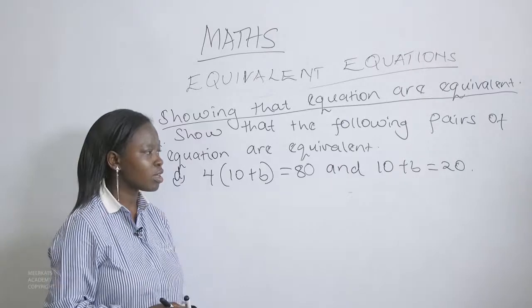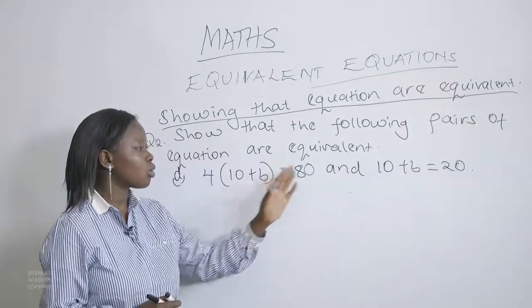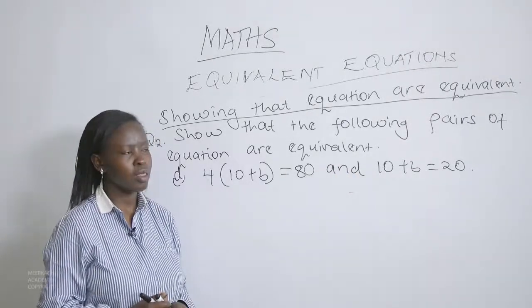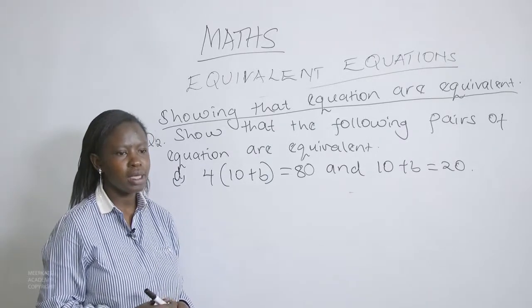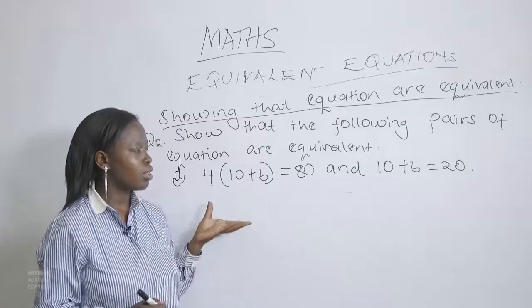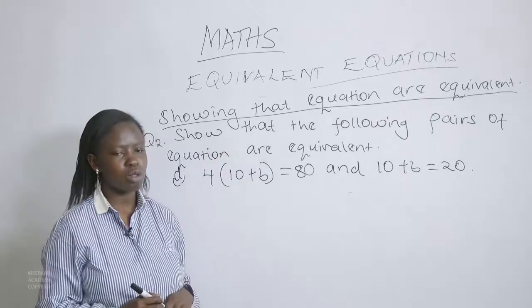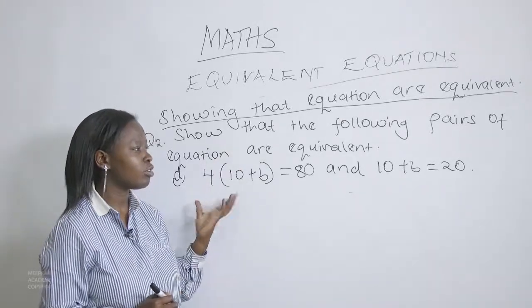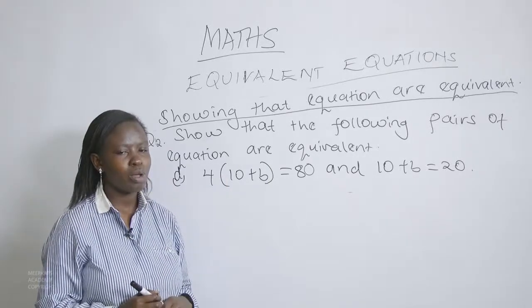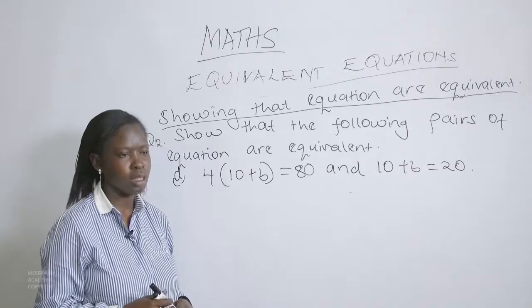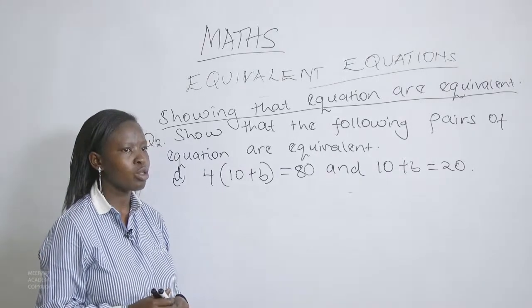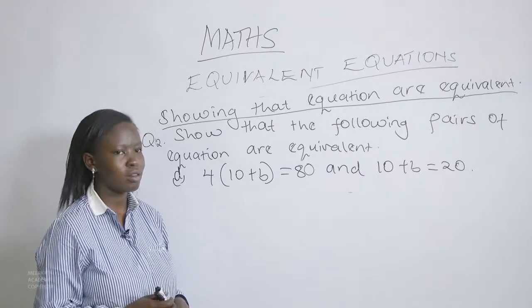So this means that if we get a number that we can either add, subtract, multiply, or divide, then the two equations will be equivalent. Or alternatively, if we can swap whatever we have on the right hand side with whatever is on the left hand side, then it will make our equations equivalent equations.